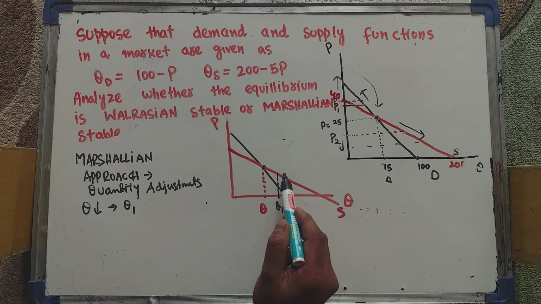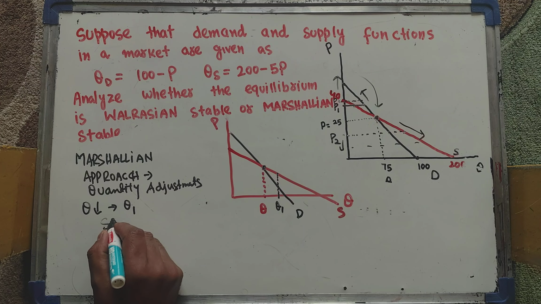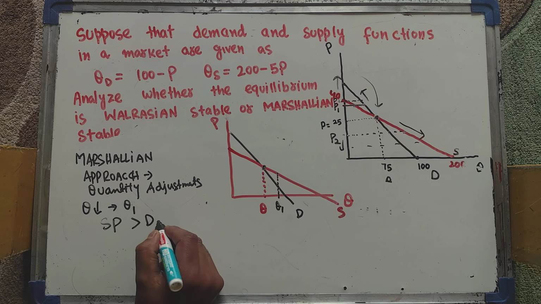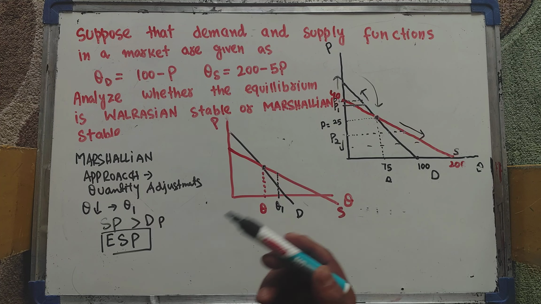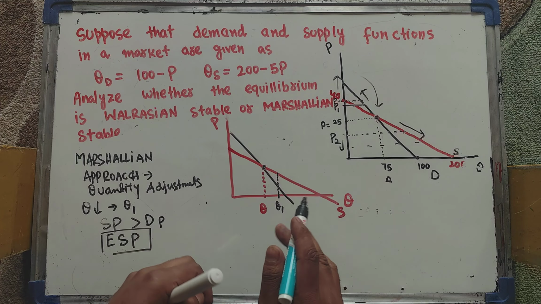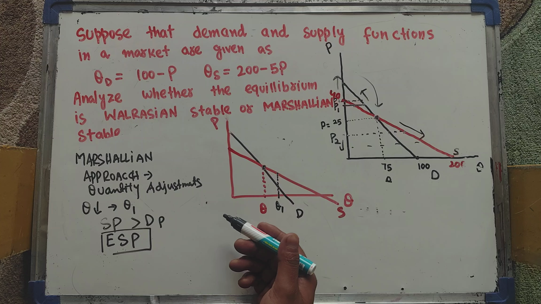We have what we call supply price greater than demand price. Let me write it here. So supply price is greater than demand price, or we can say we have excess supply price. When we have the excess supply price, consumers are not willing to pay more price than being charged by the suppliers.